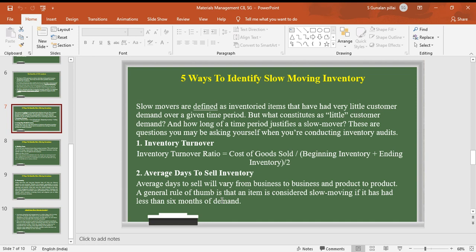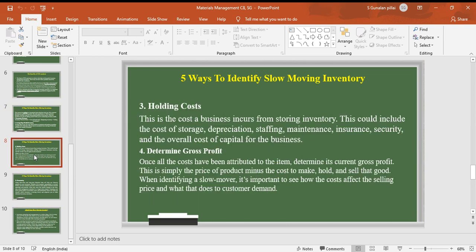It is a very vague formula, but it is utilized by some organizations for calculation purposes. These are some ways to identify slow moving, because it is very difficult to identify which category a product belongs to. It is not simple to identify whether products are fast moving, slow moving or non moving. That's why they give different methods of identifying.